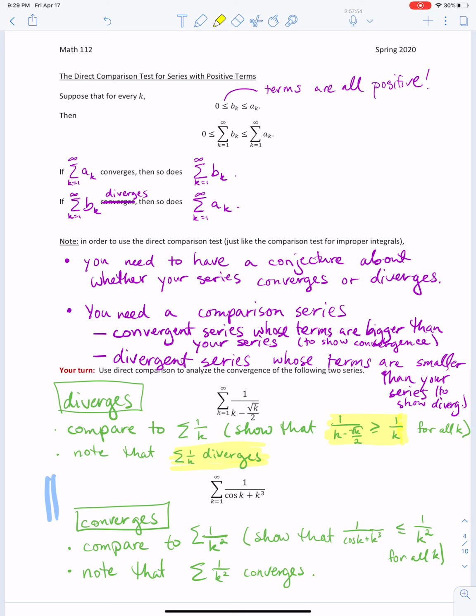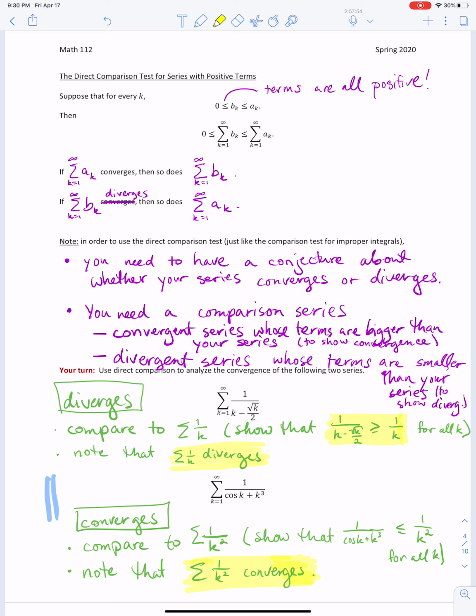In the second example, we want to show convergence, and so we need to find a convergent comparison series. I've selected 1 over k squared, and that converges. The second thing we need to show is that term by term, the terms have the right relationship.